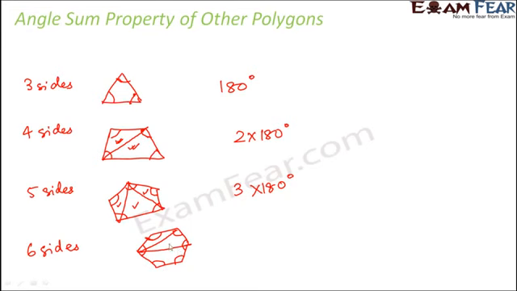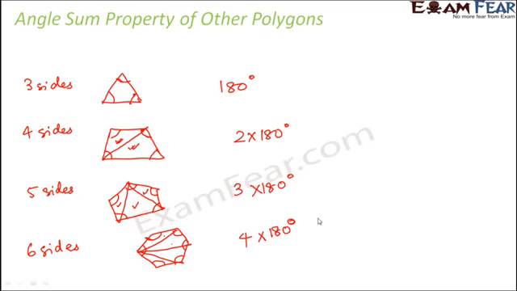With 2 diagonals, we have 2 triangles and one quadrilateral. And with 3 diagonals, we have a total of 4 triangles. So basically here the angle sum would be 4 times the angle sum of a triangle, which is 4 into 180 degrees, that is 720 degrees.